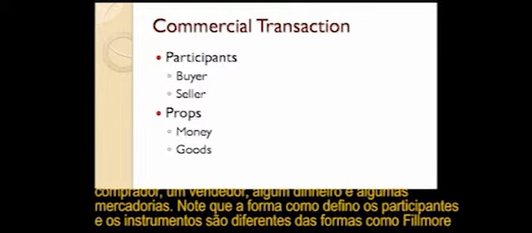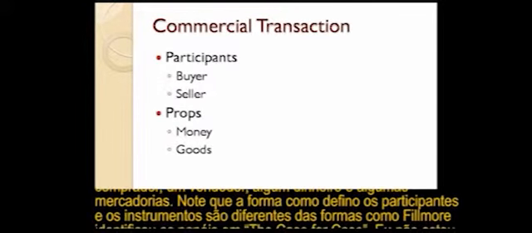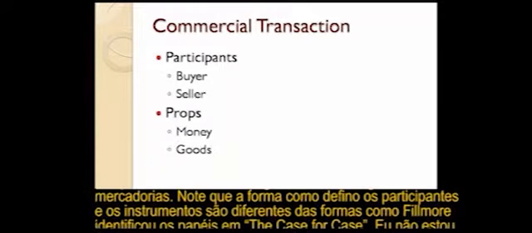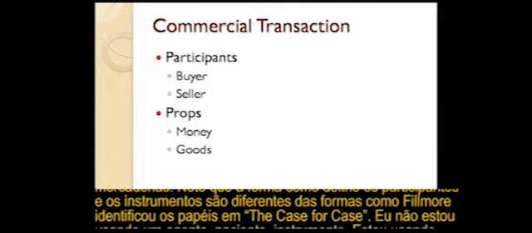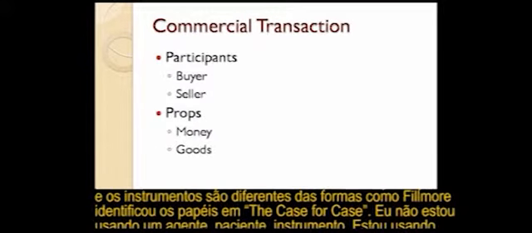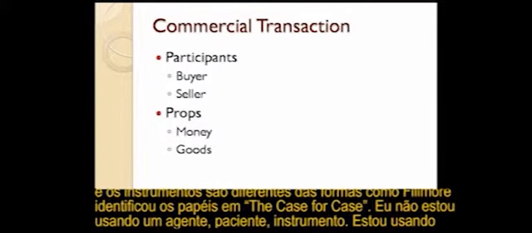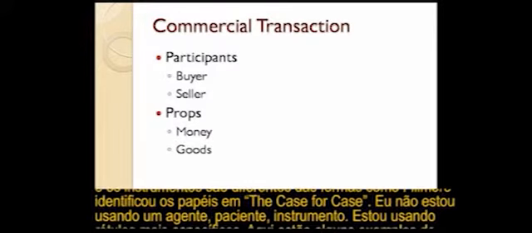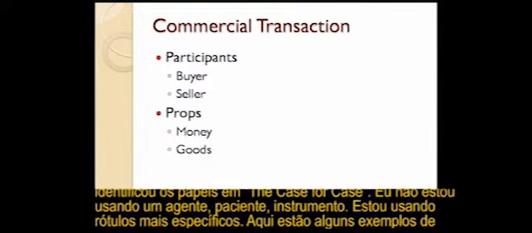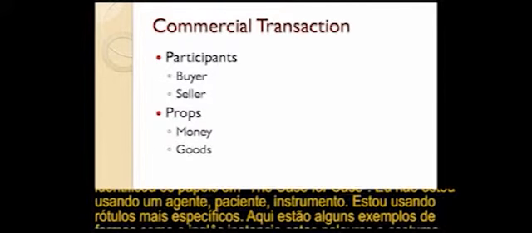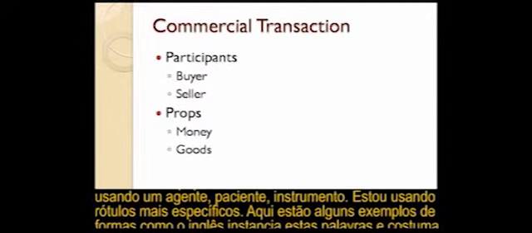right? Notice how the way I've identified the participants and props are different from the way Fillmore identified the case roles in the case for case, right? I'm not using agent, patient, instrument, right?